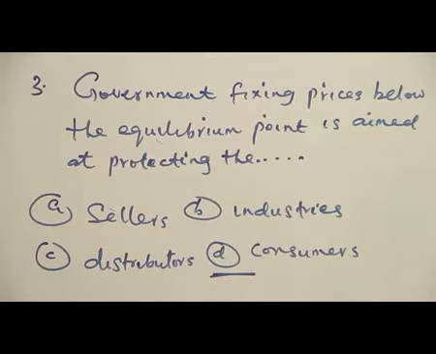So A cannot be right because we are not protecting producers here. Industry, so industry producers, well, we are not talking about industry in this situation as well. Distributors, we are not talking about them. So we are talking about consumers here being protected using maximum price legislation.